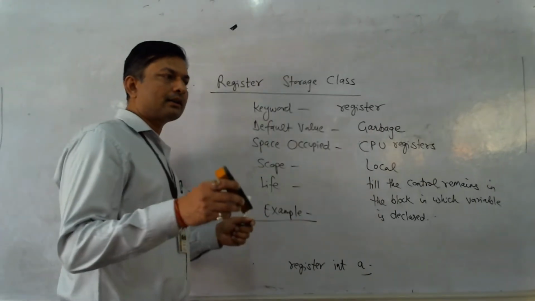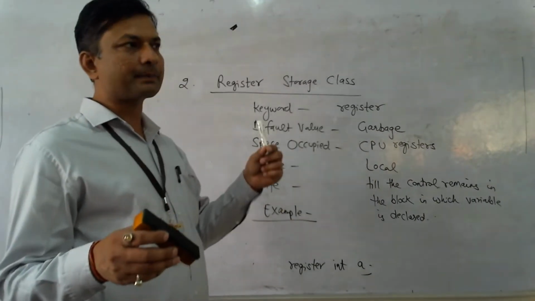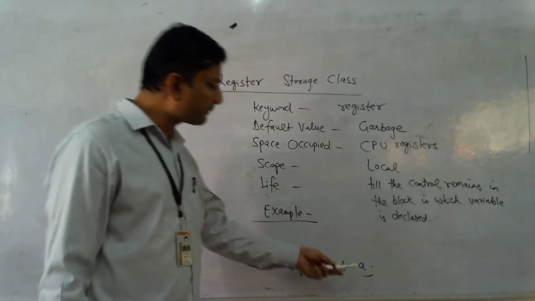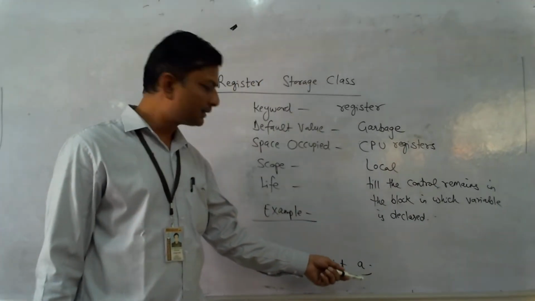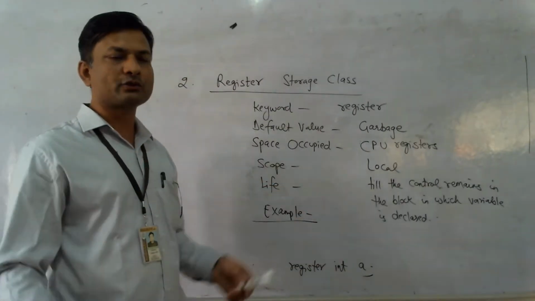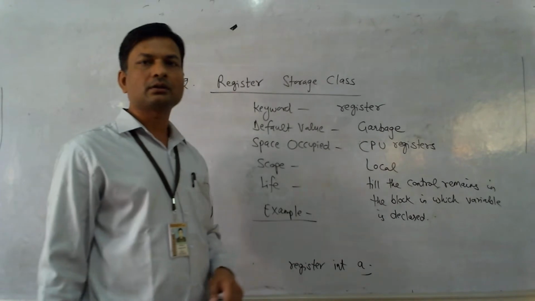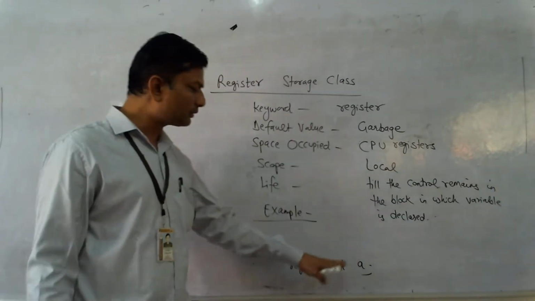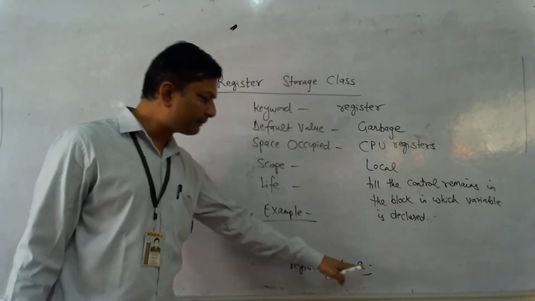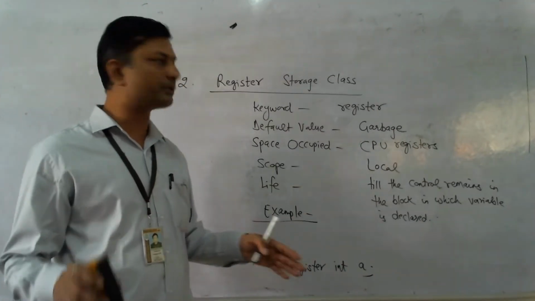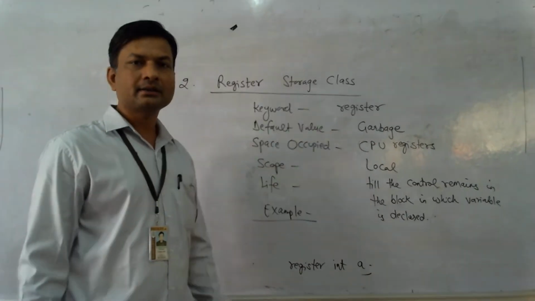Means, from the perspective of a programmer, which variable should we declare as belonging to the automatic storage class and which variable should we declare as belonging to the register storage class. We should know that. So before deciding that a variable belongs to the automatic or register storage class, we must know the difference between memory and CPU registers.